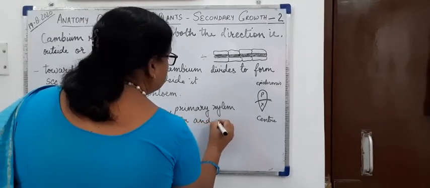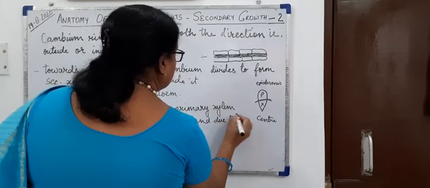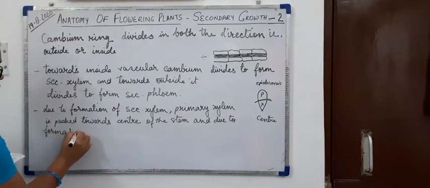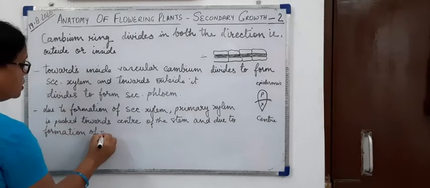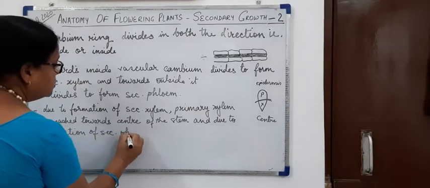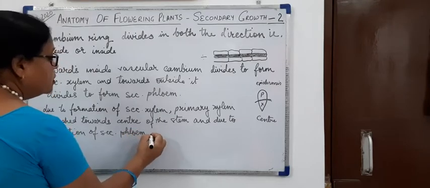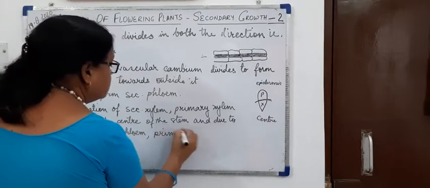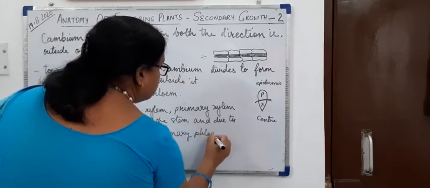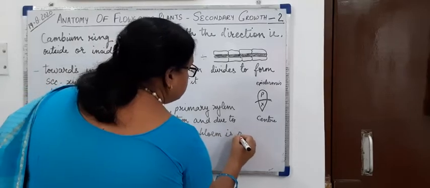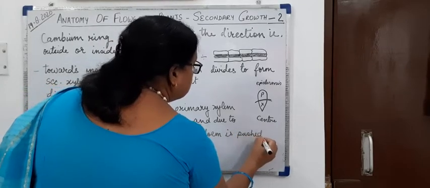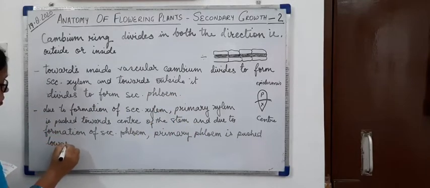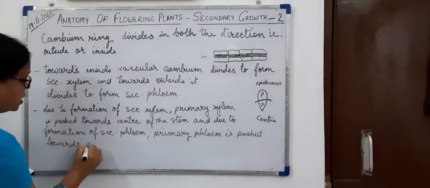And due to formation of secondary phloem, primary phloem is pushed towards the periphery.